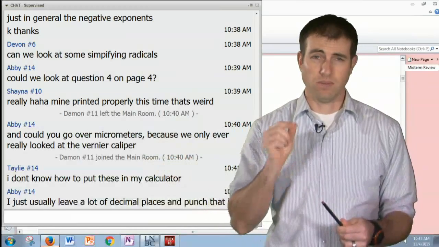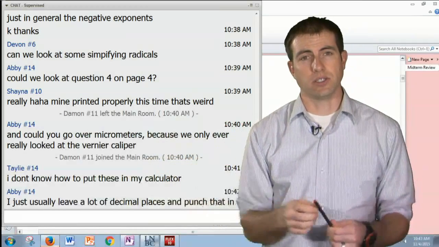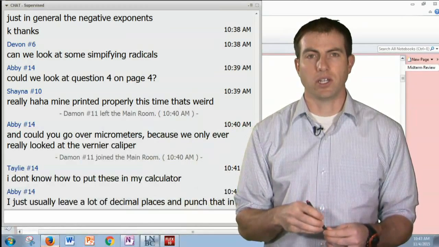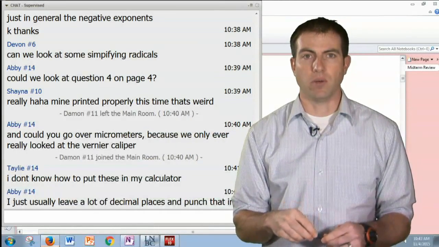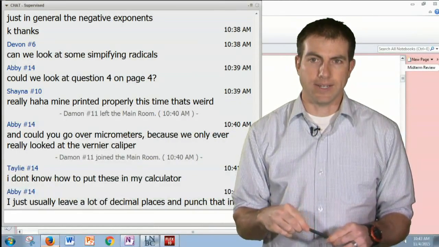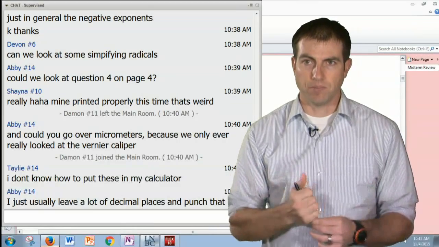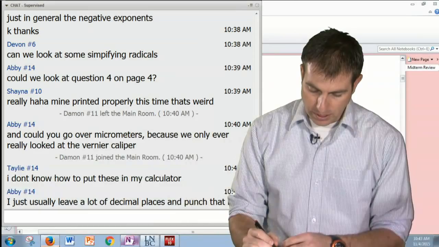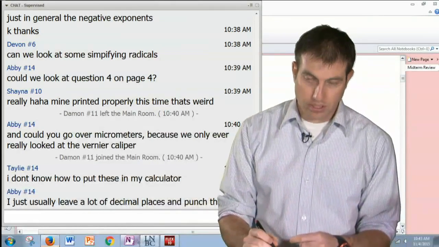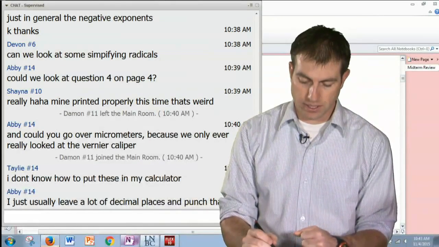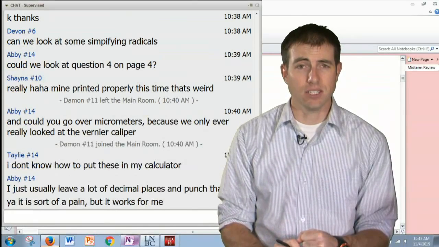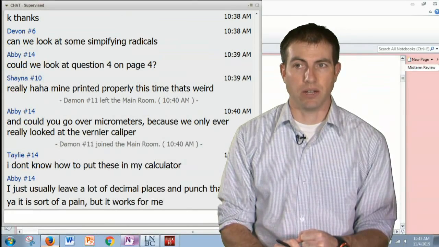If it asks for an answer to the 100th, if you carried an additional 2, so you carried 4 decimal places, generally speaking, you're going to be close enough that it won't make any difference. So there you go. So hopefully that helps a bit. Taylor, mastering a calculator is half the battle. And once you get it, you shouldn't have any issues with these questions because it's just a matter of plugging them in.